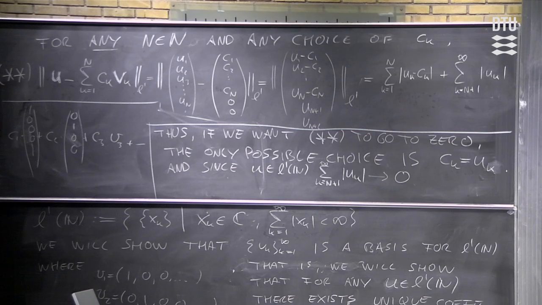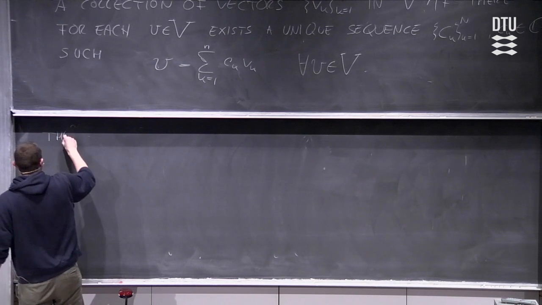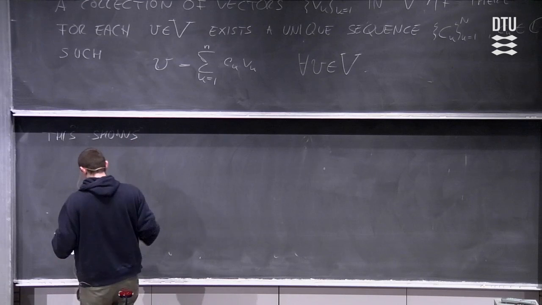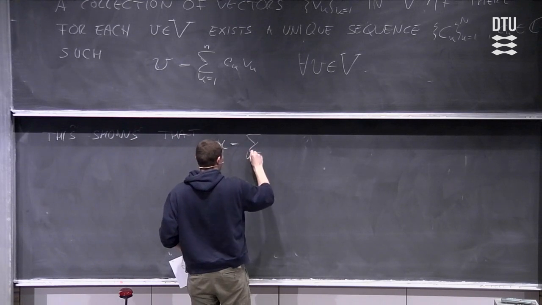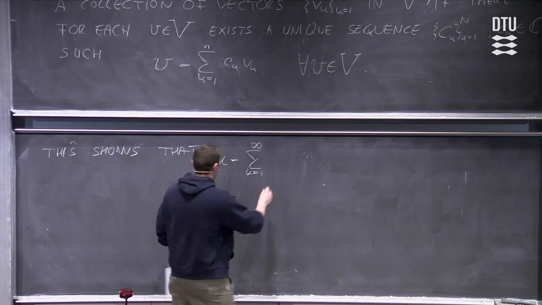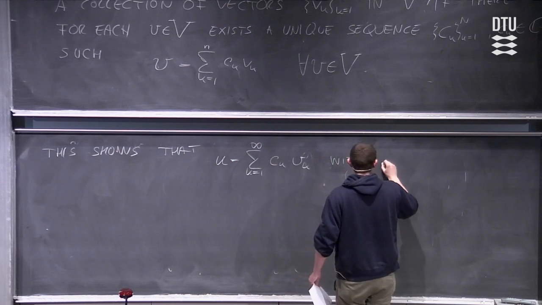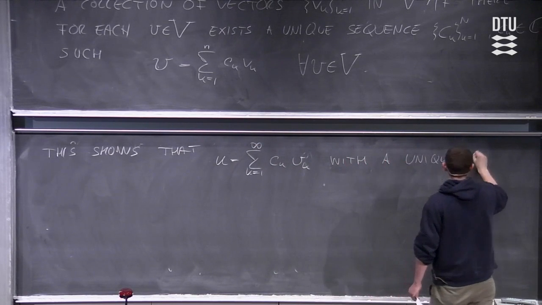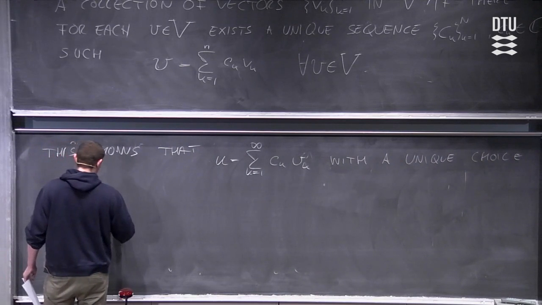And now we simply finish the proof by stating what we are proving. And then we're also done for today. So this shows that u is the same as the sum of ck vk, and now we have the permission to put this infinity here, because we know that the sequence converges, with a unique choice of ck's.